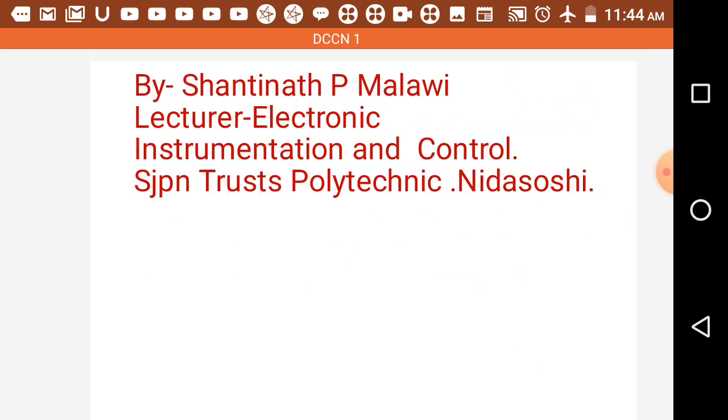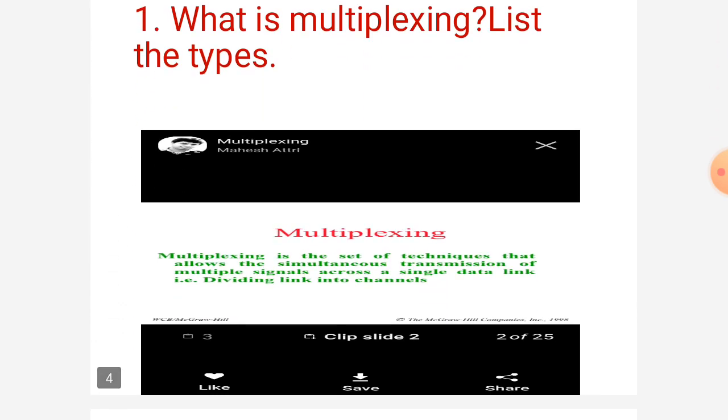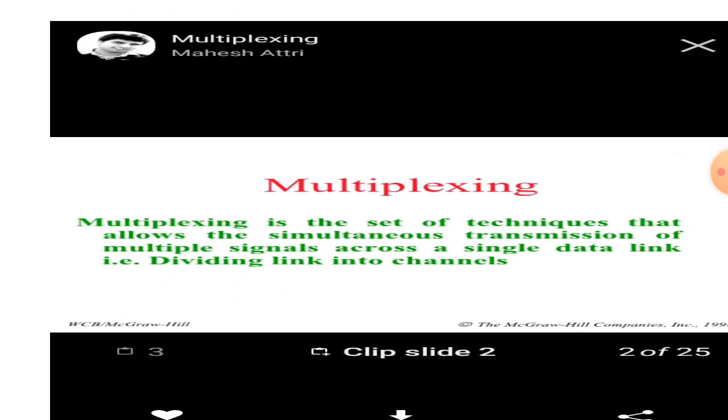Some important questions of this chapter are listed in this slide. You can go through that. These questions are very important for your examination purpose.